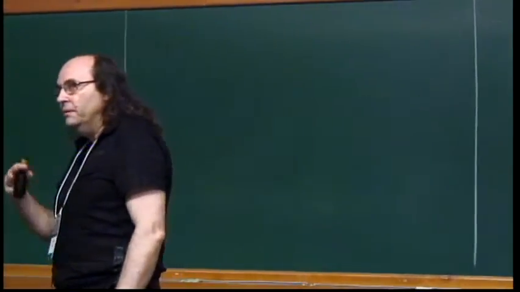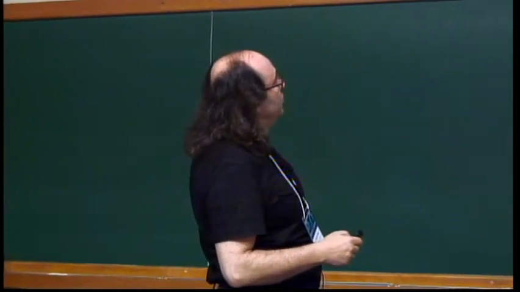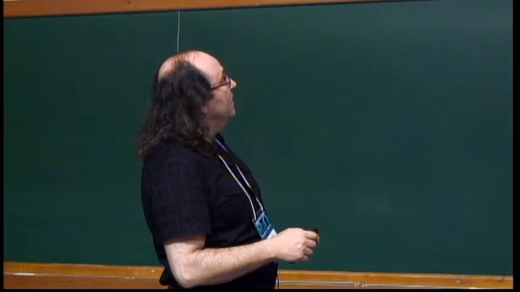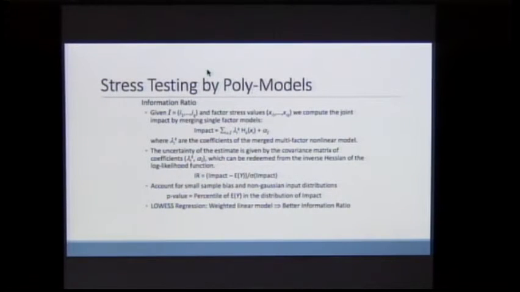But this path is not safe because we saw that we have to invert the covariance matrix. So the idea is that we'll optimize that. How do we optimize? We compute an information ratio, which is equal to the size of the impact versus the global expectation, divided by the uncertainty on the impact. And that uncertainty on the impact is measured.